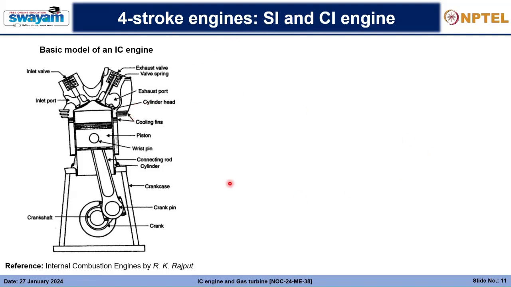The basic idea is, if this is a basic model of the IC engine, we need combustion happening just above the piston, and there is an inlet valve and an exhaust valve, the inlet valve supplying the air-fuel mixture or simply the air. So we need a mechanism to somehow produce combustion or ignite this whole thing.